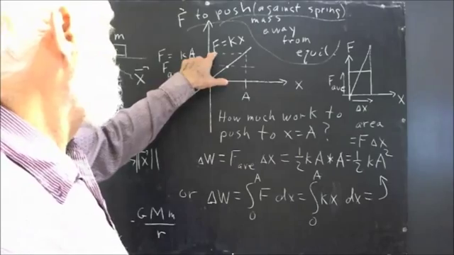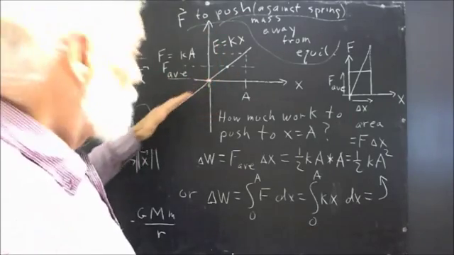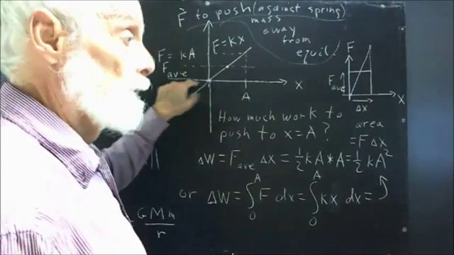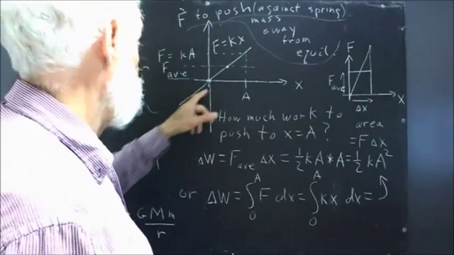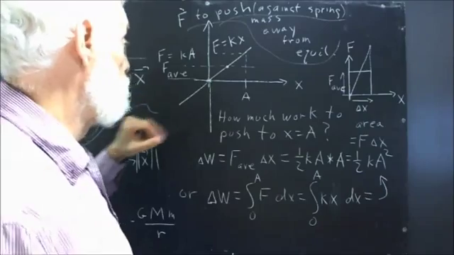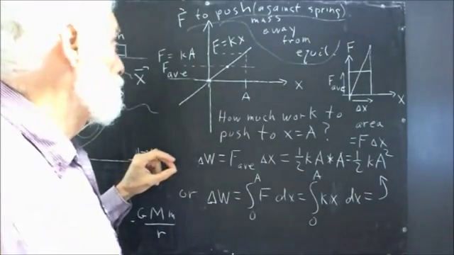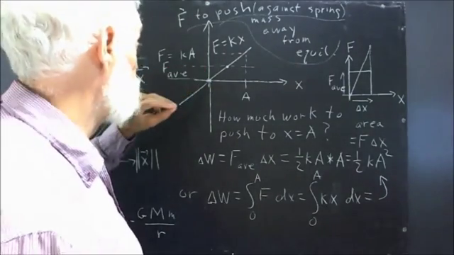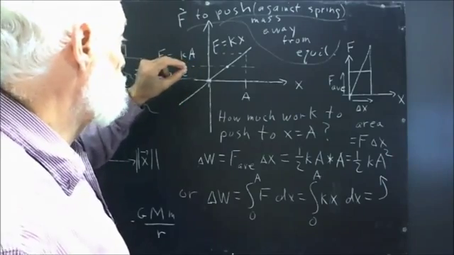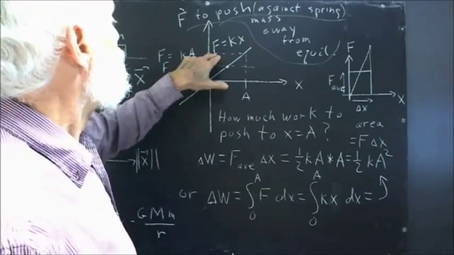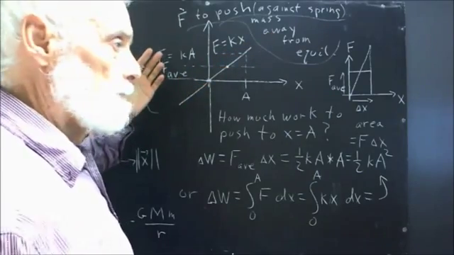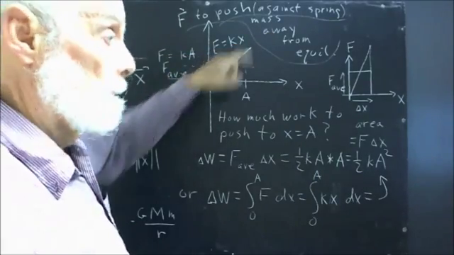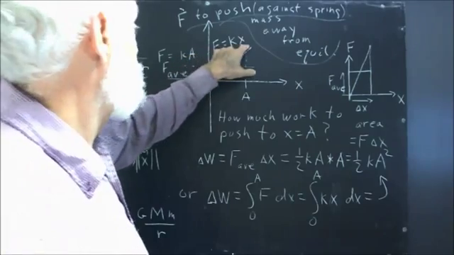Let's assume that this is linear and passes through the origin as it must, because x equals 0 is the equilibrium point, and the graph has to pass through that point because there's zero force at that point. Then, if the graph is linear, it has some slope. So we're going to call that slope k. So the force equals k times x.